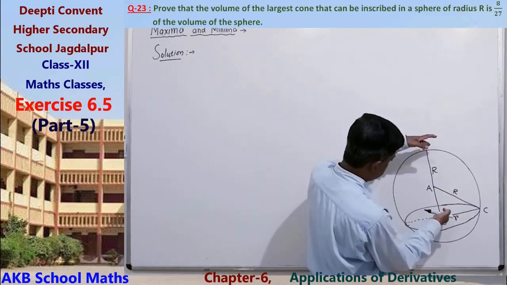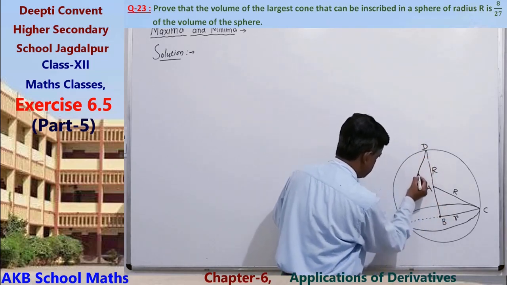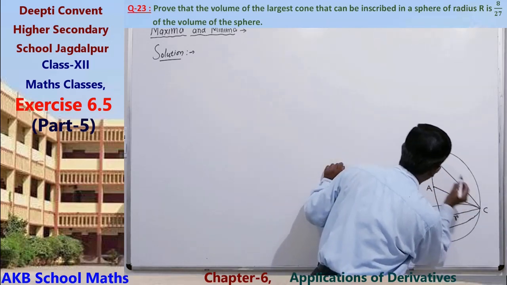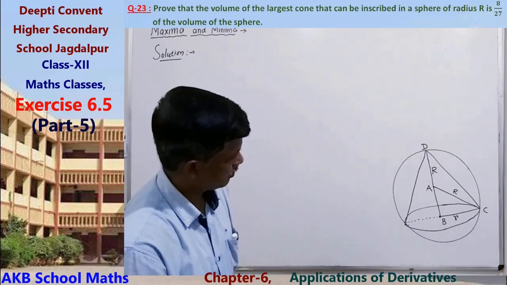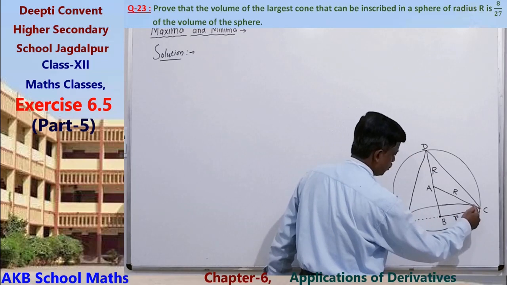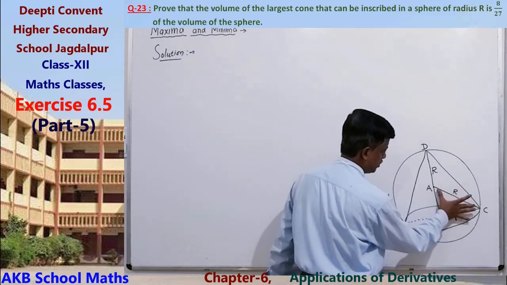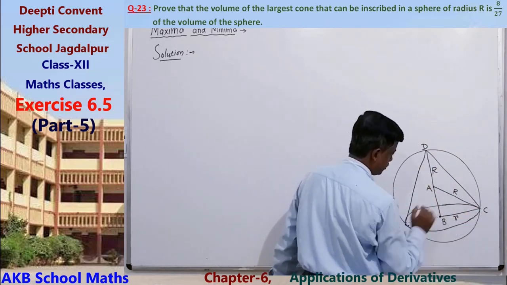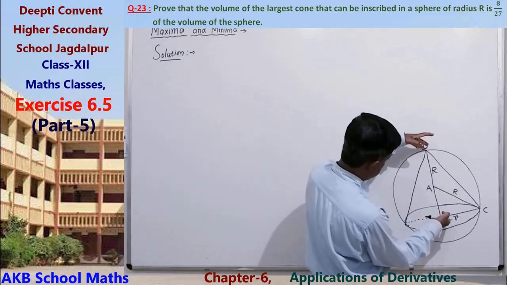This is the height of the cone. This is the cone. Clear? This is the sphere, the radius of the sphere. This is the radius of the base of the cone. Now from here, the height of the cone is BD.